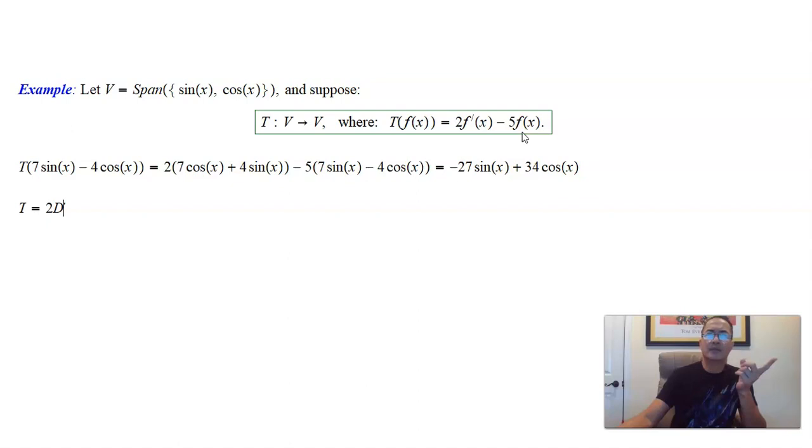The output and the input are exactly the same. There's a name for that, right? It's the identity, I sub v in this case, where this is our v. So this linear transformation is a linear combination of the derivative and the identity. Take a scalar multiple of the derivative, a scalar multiple of the identity, subtract the second.